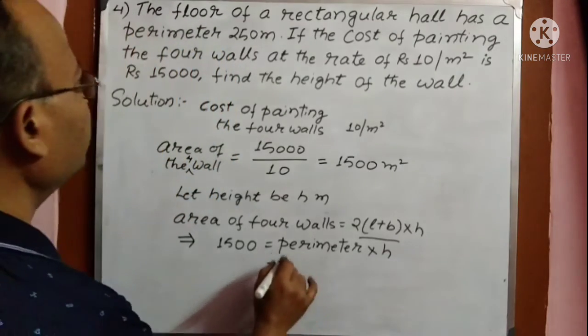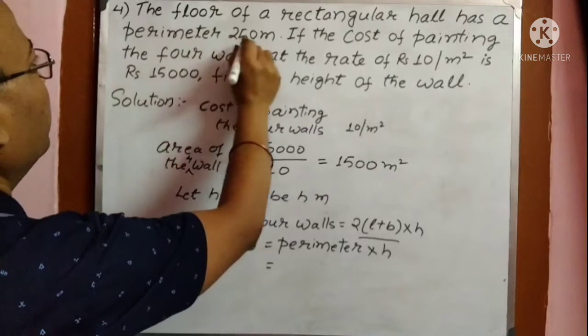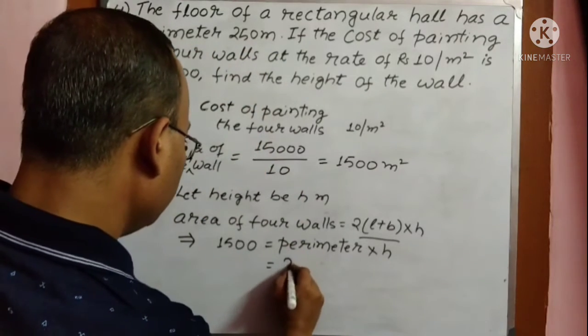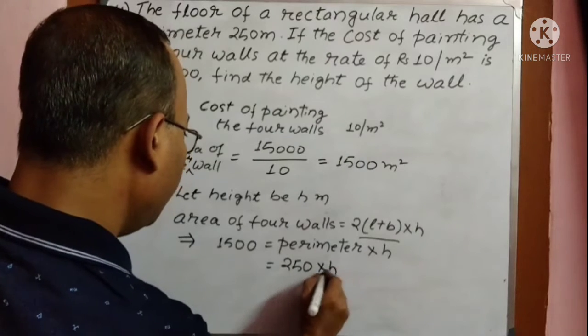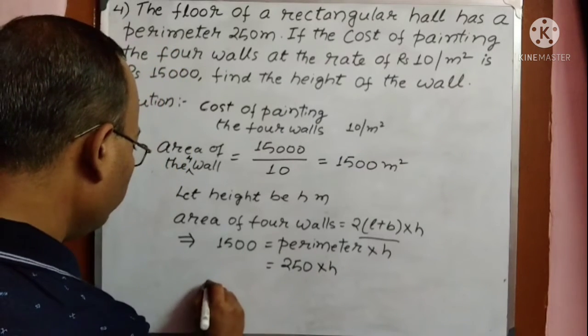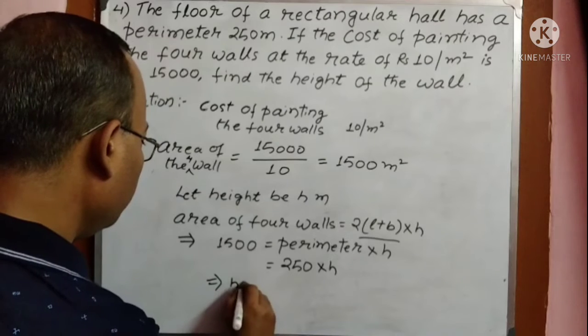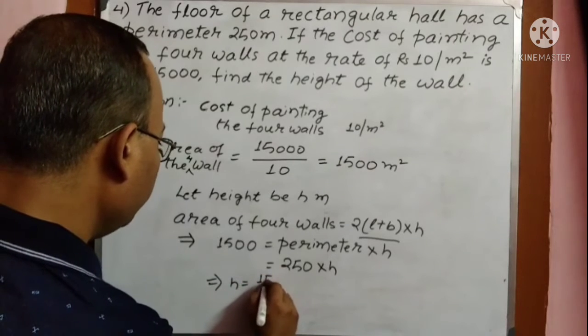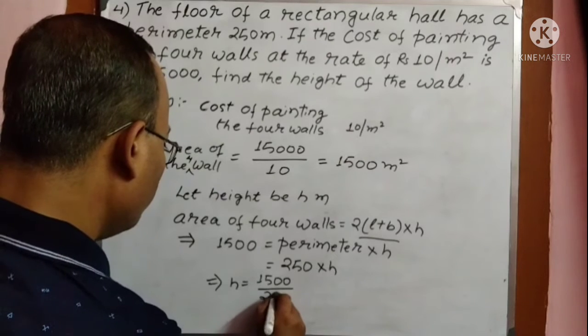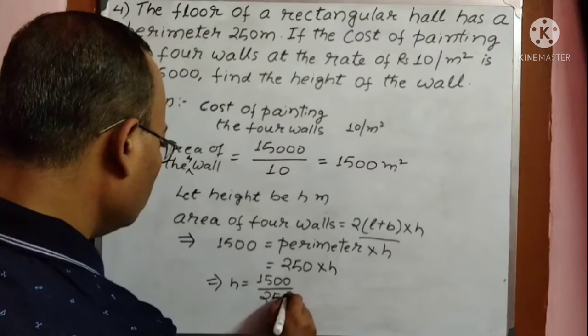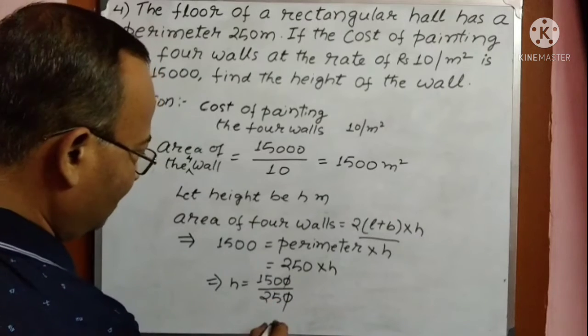So perimeter is given how much? Perimeter is 250. So 250 into height, or your height will be equal to 1500 by 250. So this 0 gets cancelled.